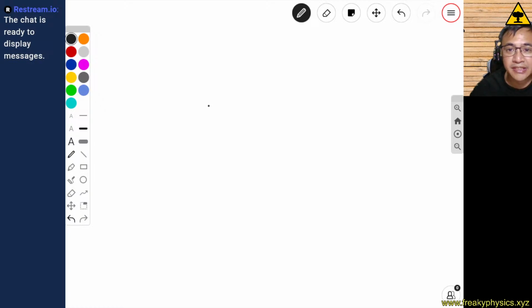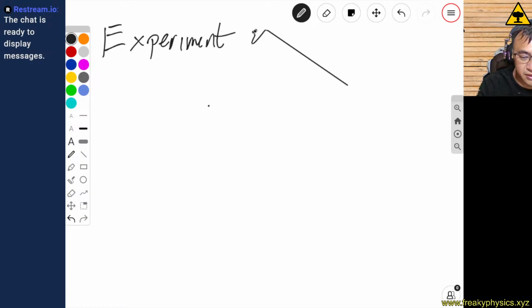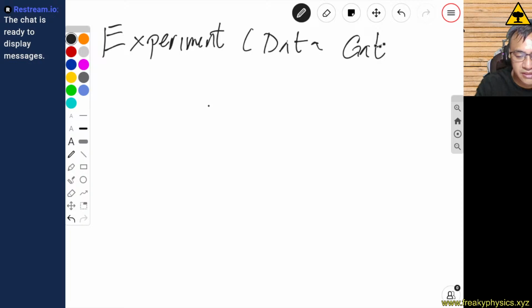Whenever you're doing an experiment, the first thing you're gonna do is gather data. This is not designing the actual investigation, but this is the actual data gathering step. So this is the data gathering and analysis.